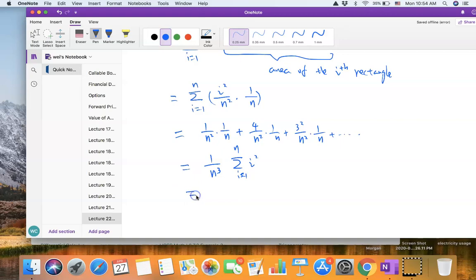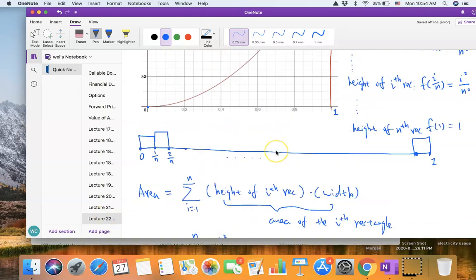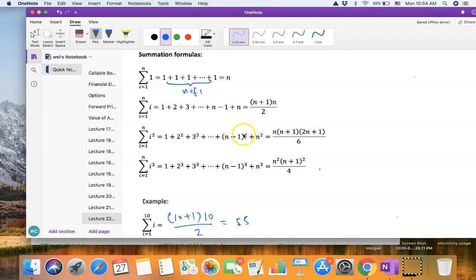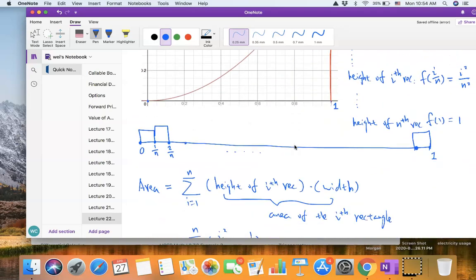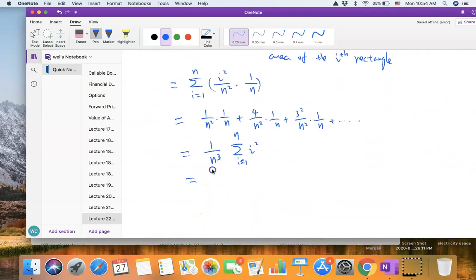Then using the formula we learned from sigma notation, the sigma of i squared equals n times n plus 1 times 2n plus 1 over 6. So this sigma notation equals n times n plus 1 times 2n plus 1 over 6.